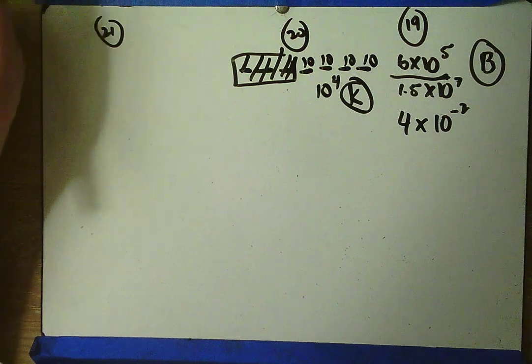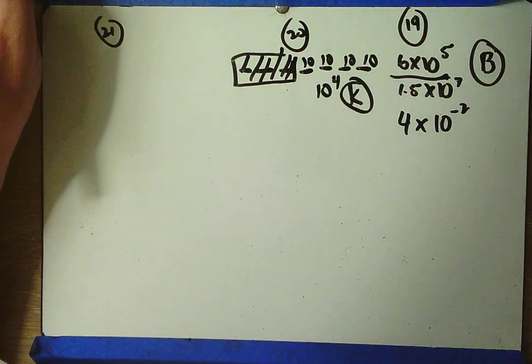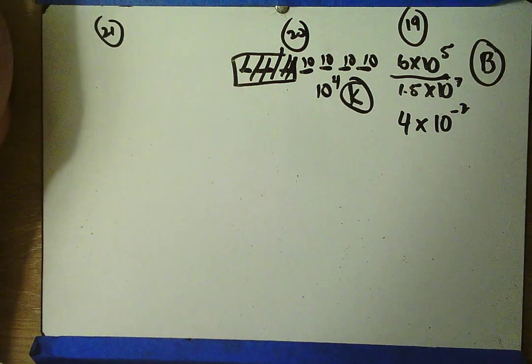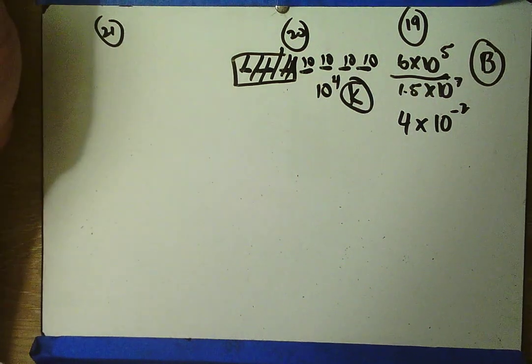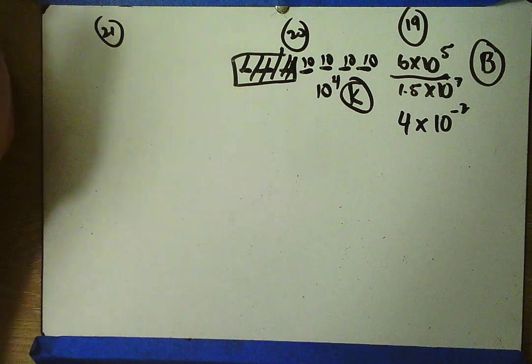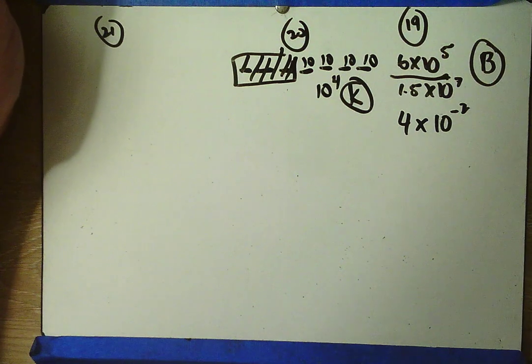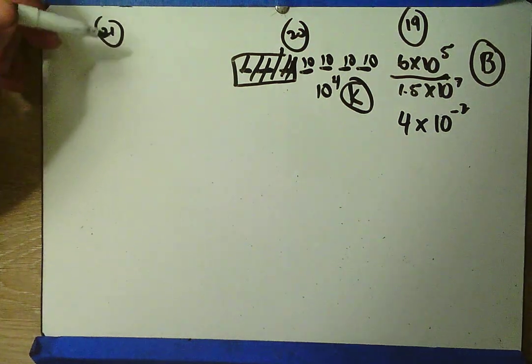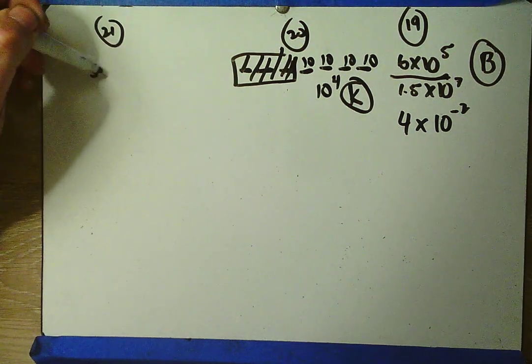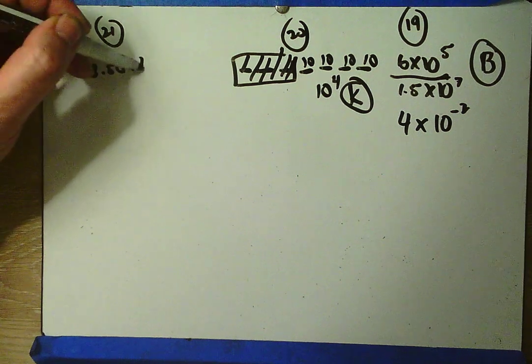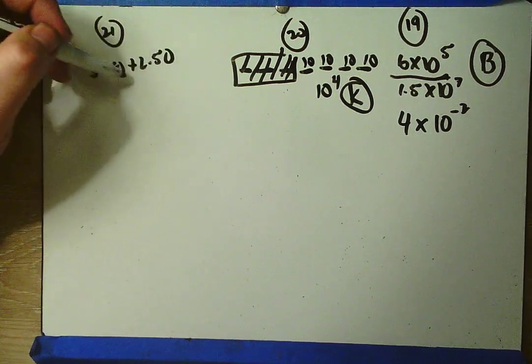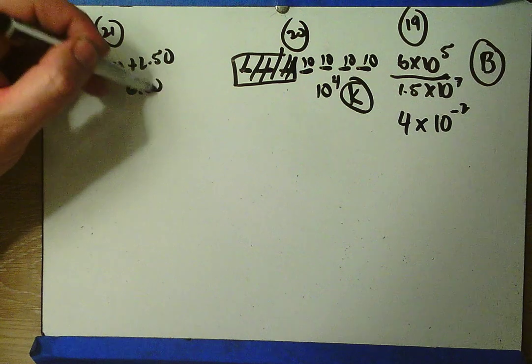So if we've got 1 hour and 1 minute, we're paying $3.50 for the first hour, and even though we only go 1 minute into the second hour, we're paying another $2.50 for that. So in the first 2 hours, I have to spend $3.50 plus $2.50, which is $6.